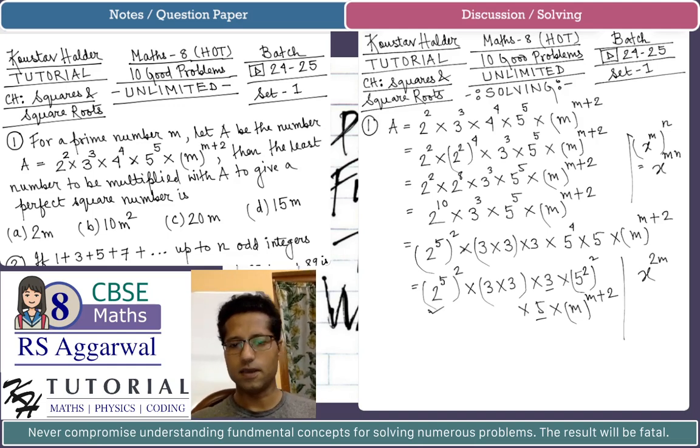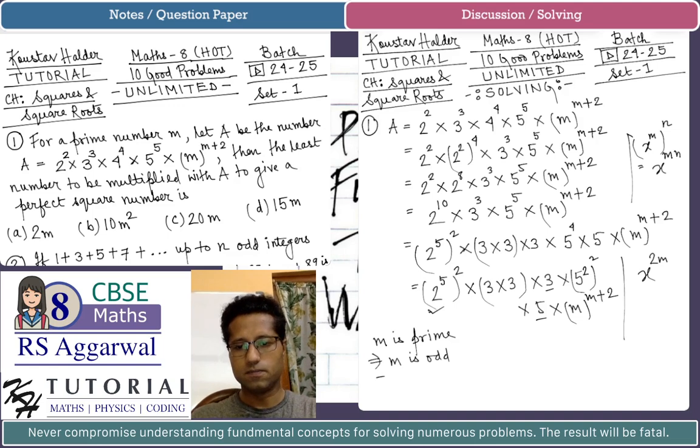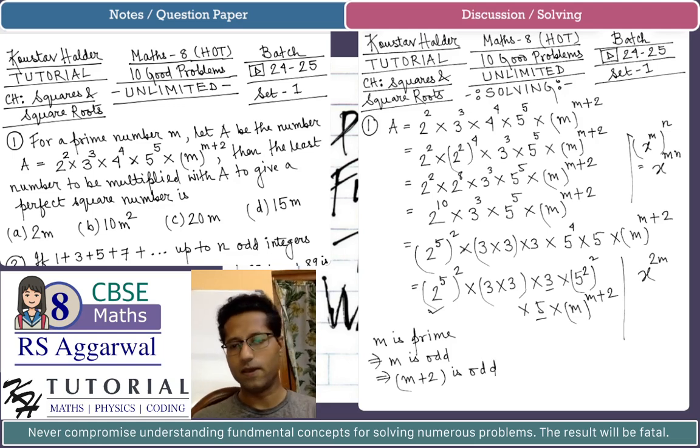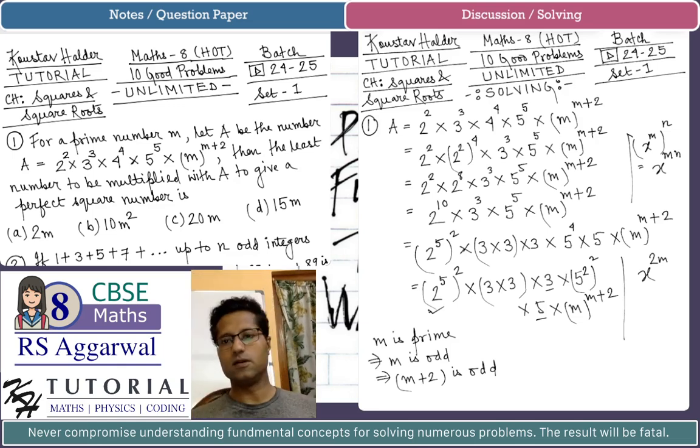Now we have to see what m to the power m plus 2 is. Now see, m is a prime number. M is prime, and prime is always odd. This implies m is odd. If m is odd, then m plus 2 will be odd. Consider if m is an odd number, let's say 1, if you add 2, it becomes 3. You take any odd number, 7, you add 2, it becomes an odd number. So any odd number, if you add 2, the result also becomes an odd number.